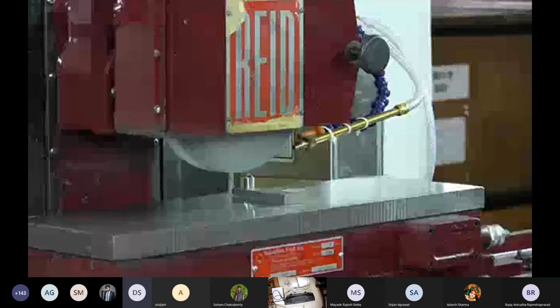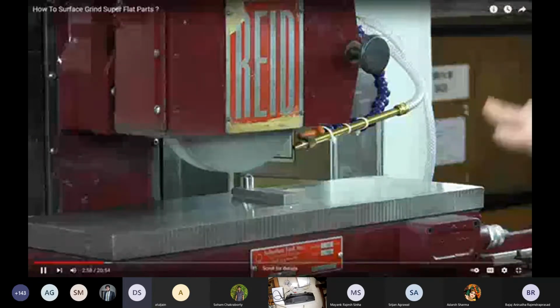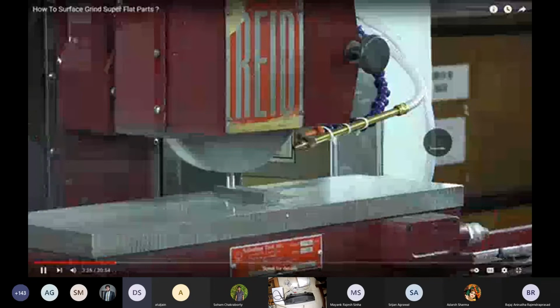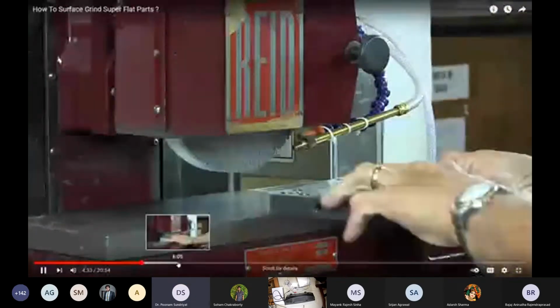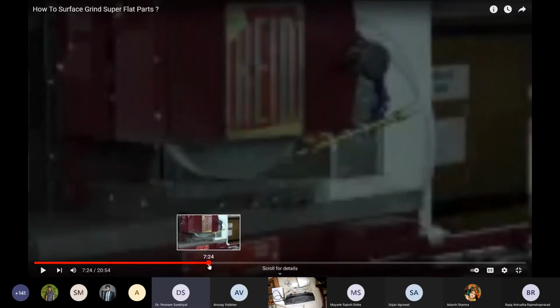Okay, so you clamp a workpiece like this. Sir, I guess audio is not there. No, audio is not there. You don't need the audio right now.